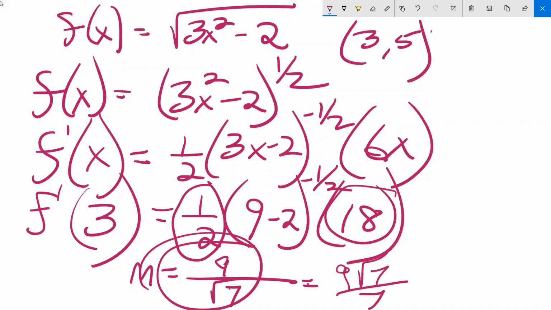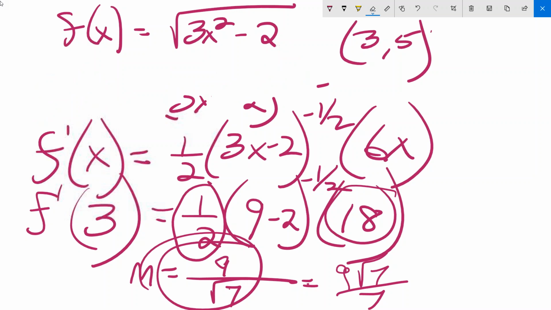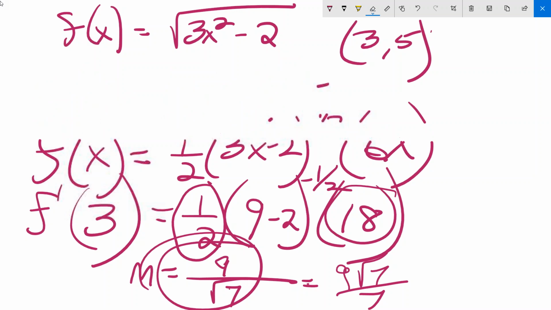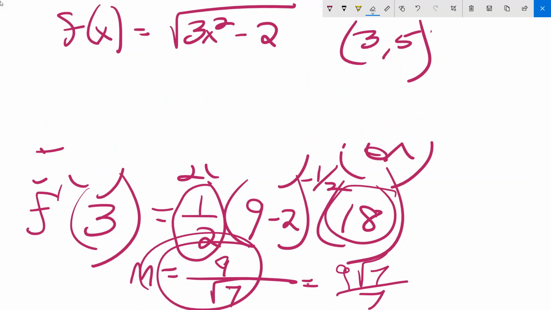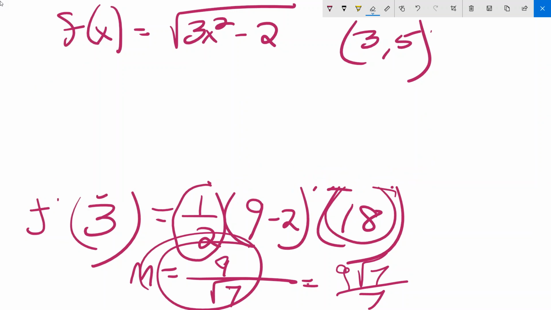Now, what's the equation of the line? Here, let me make just a little bit of room here. We figured out the slope. We have a number for the slope. What format are we going to use to put it into the equation of a line? Point slope.